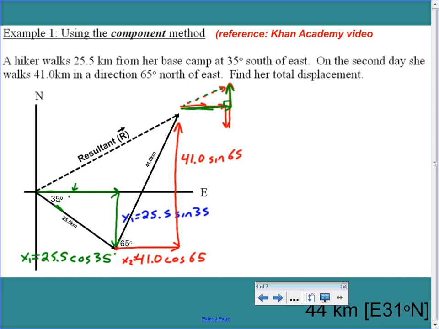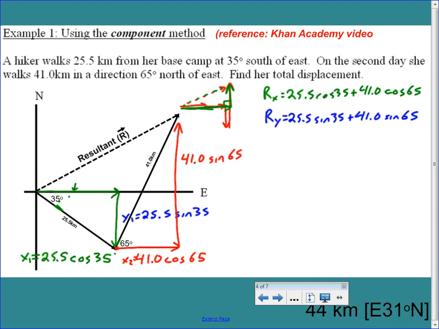So, adding the x components together, the resultant x, Rx, is going to be 25.5 cos 35 plus 41.0 cos 65. The y component of the resultant vector, Ry, is going to be 25.5 sine 35 plus 41.0 sine 65.